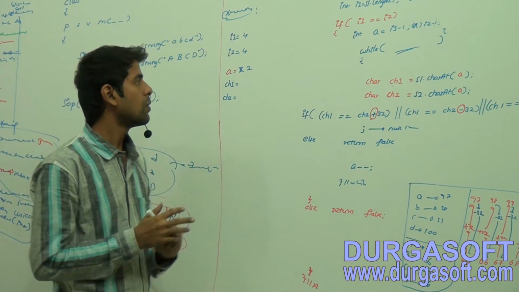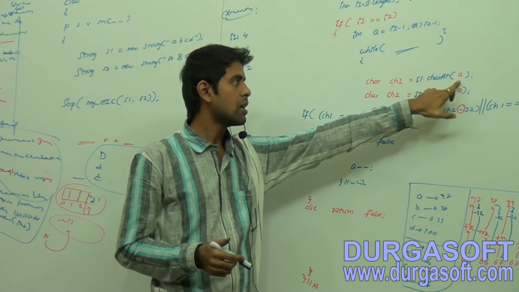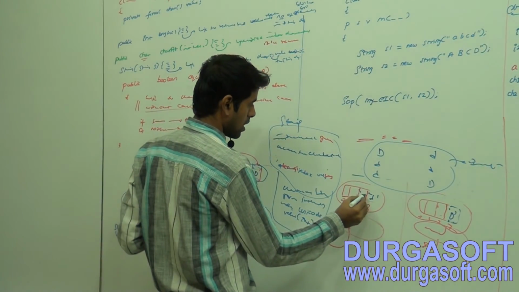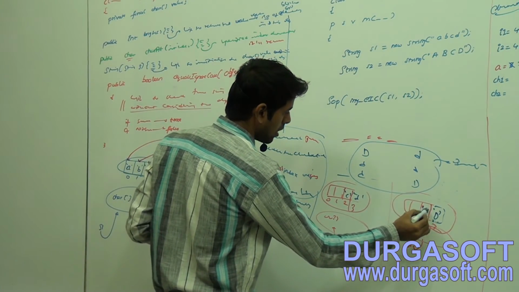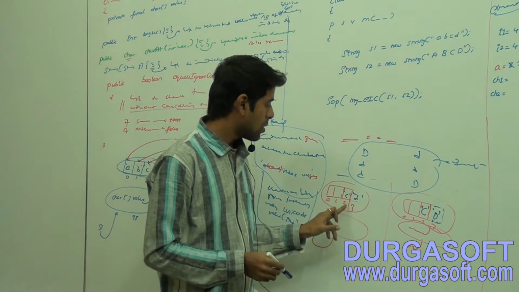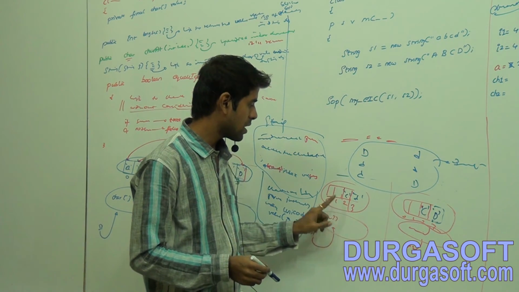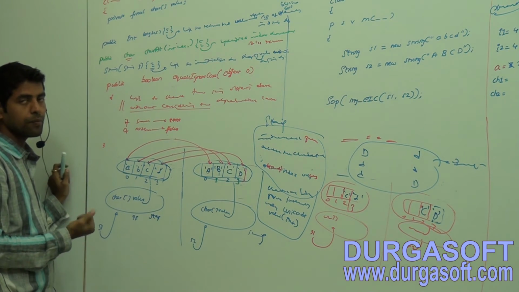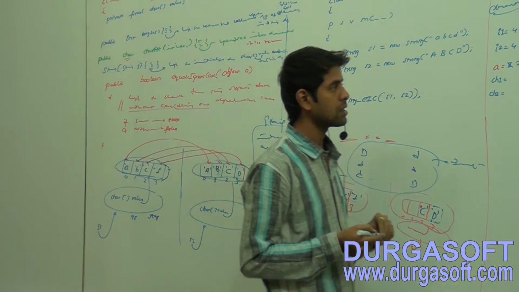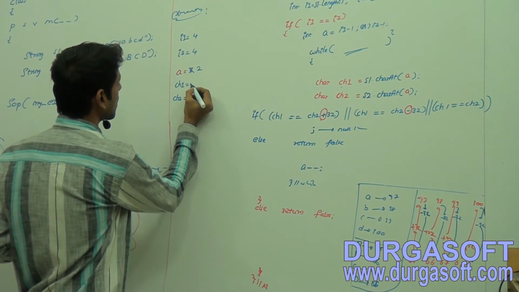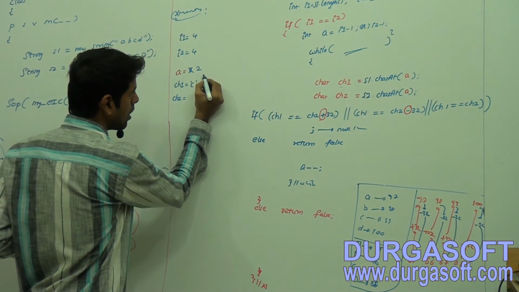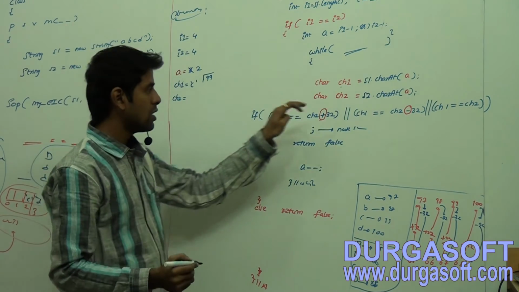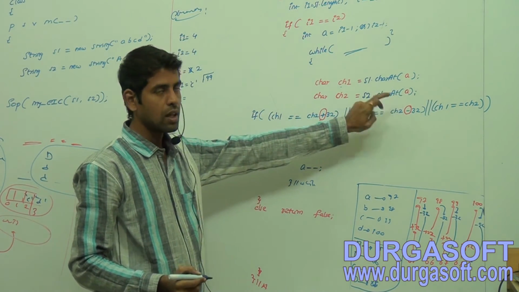Now s1.charAt(a). Which value will it return? Small c. Small c will be assigned to ch1. Internally it will consider Unicode value 99.